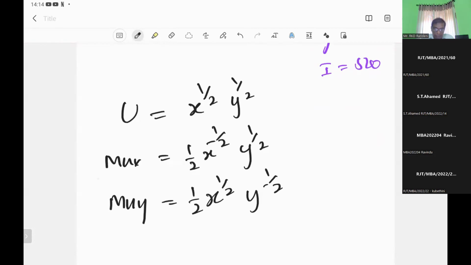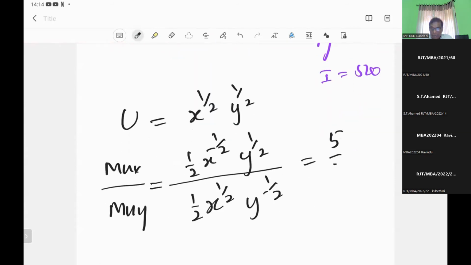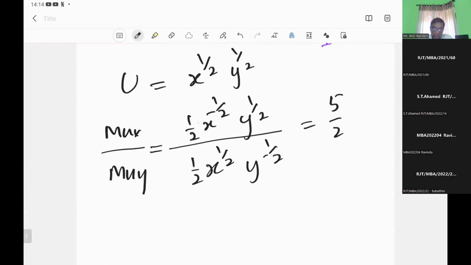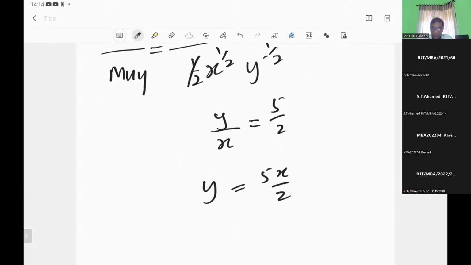Then MUX divided by MUY equals price of x divided by price of y, that is 5 divided by 2. According to the index rule, the minus half comes to this side, that is x divided by y, 5 divided by 2. Then you can write 5 equals 5x divided by 2.